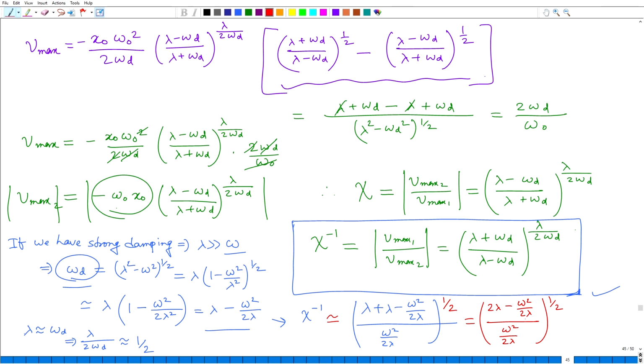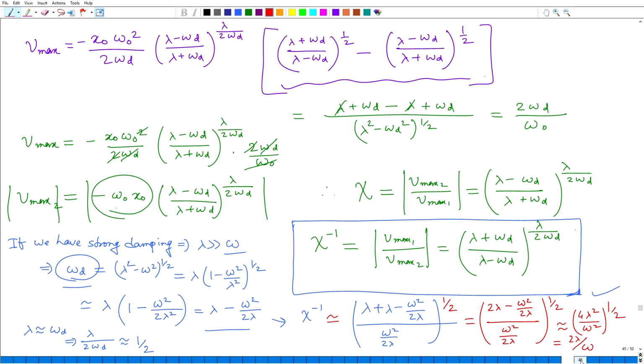I can easily manage this by doing some calculations. So, this is 4 lambda square minus omega square, which can be 4 lambda square, and here it will be omega square. So, this will be reasonably equal to 4 lambda square by omega square whole to the half, and your final ratio will be 2 lambda by omega. Okay. So, that is the ratio.